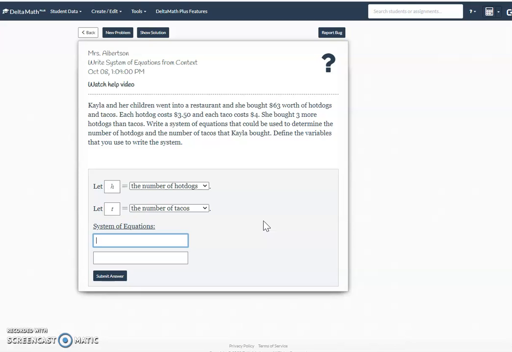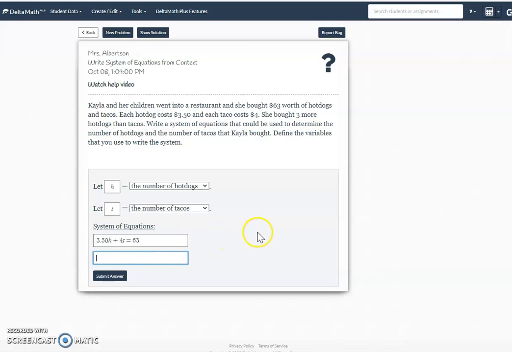My first equation: if we spend $3.50 for hot dogs plus $4 for each taco, we will spend $63. So all these values in this first equation are dollar values.